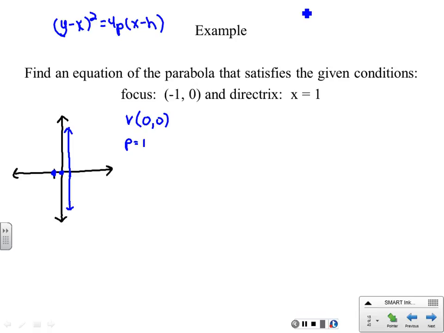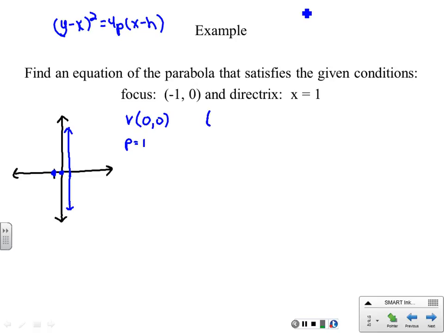That's my goal. Now, I need an equation, and on the test, I think it says to write it in standard form. So that's easy. Write it in standard form. Okay. So let's start with what we need.